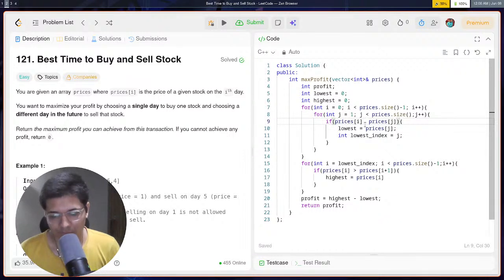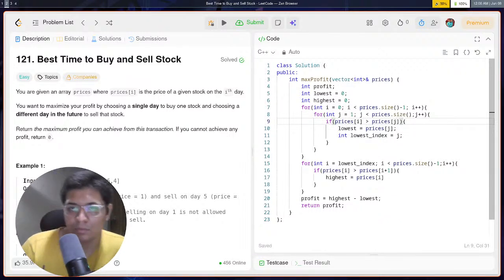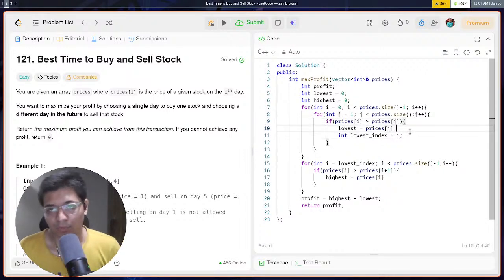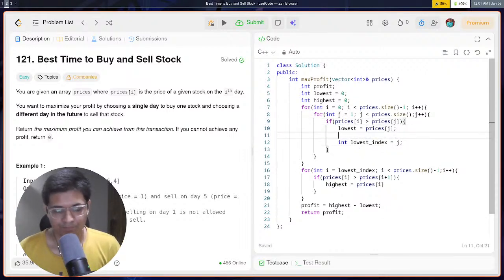Oh, wait a second. No, it's right. It's all right. Lowest is equal to prices j. It will store 1. It will break from here.